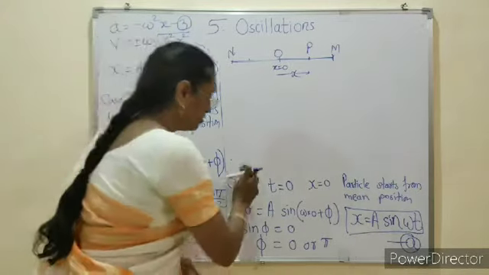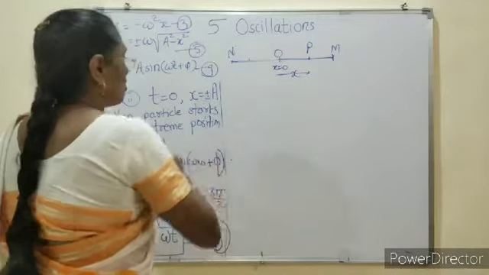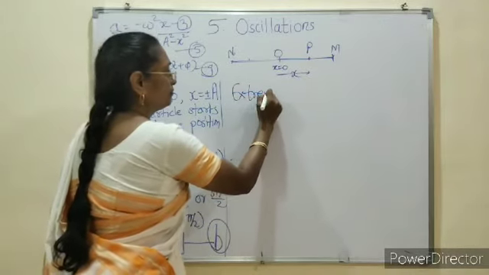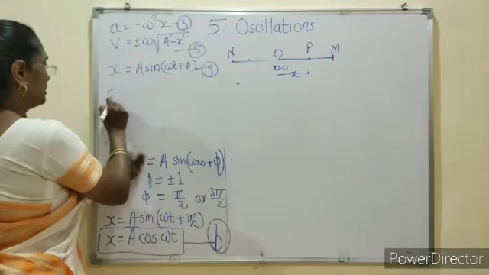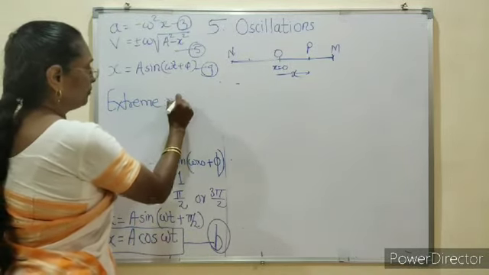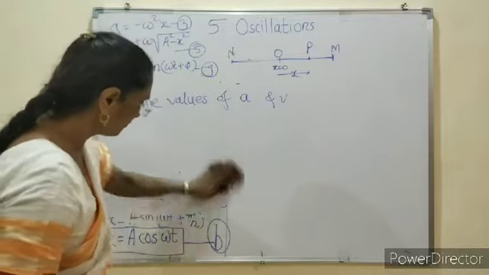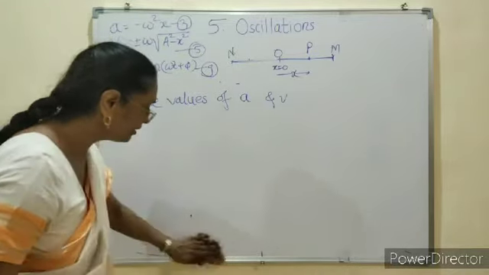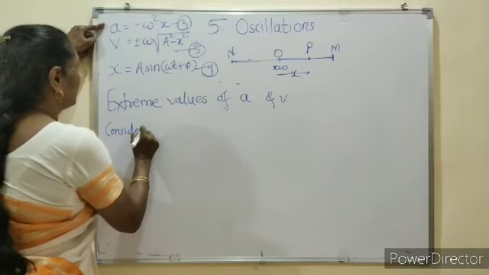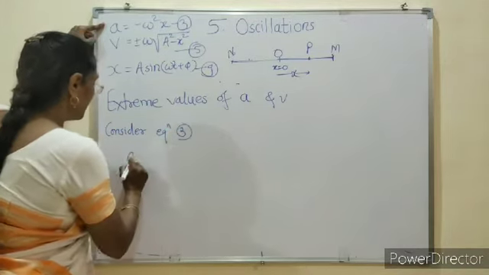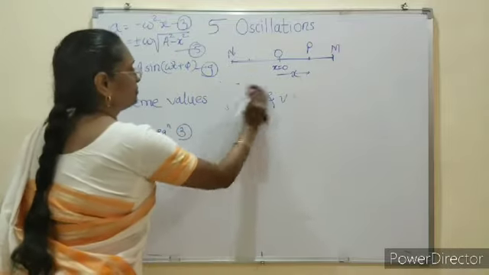We have to consider the next point, which is related to extreme values of A and V. So first we take the extreme value of A. We have the relation, equation 3: A is equal to minus omega square x, and for that we take the extreme value.